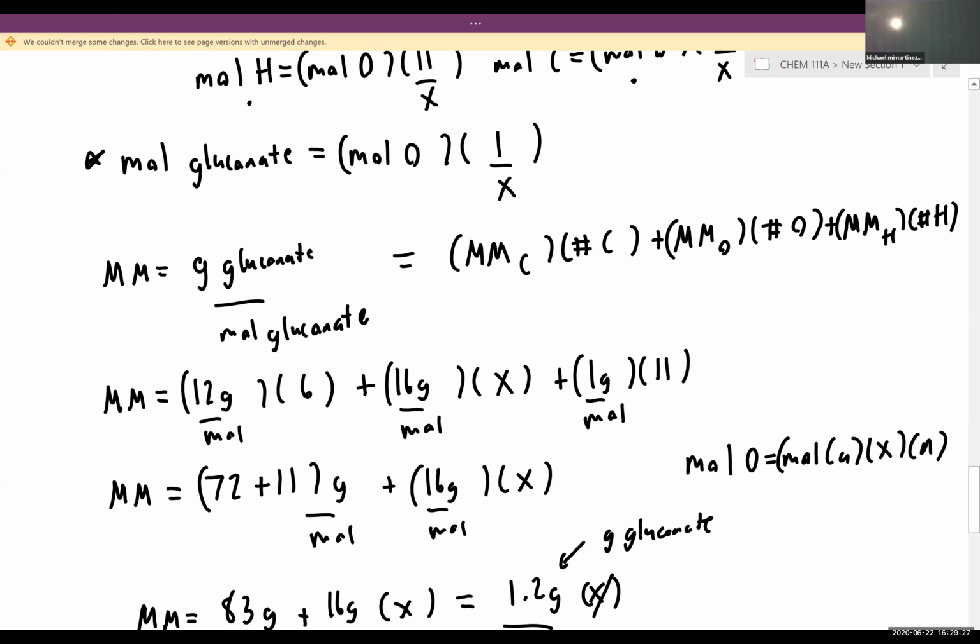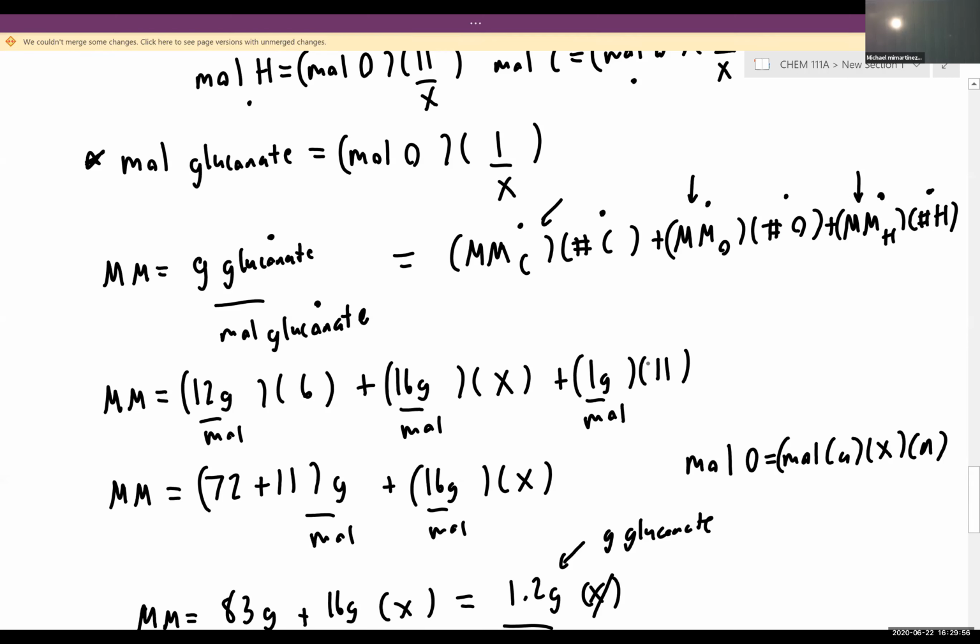Now, what we also know is that the molar mass, which is equal to the grams of gluconate per mole of gluconate, is equal to the molar mass of carbon times the number of carbon atoms plus the molar mass of oxygen times the number of oxygen atoms plus the molar mass of hydrogen times the number of hydrogen atoms. These molar masses we can all look up from the periodic table.